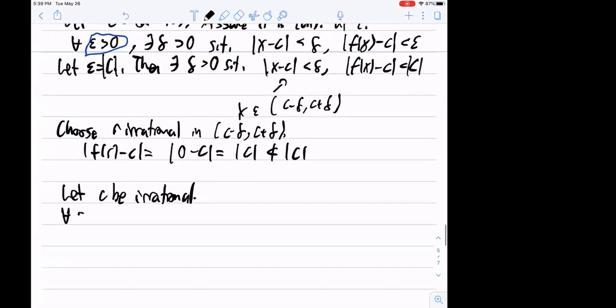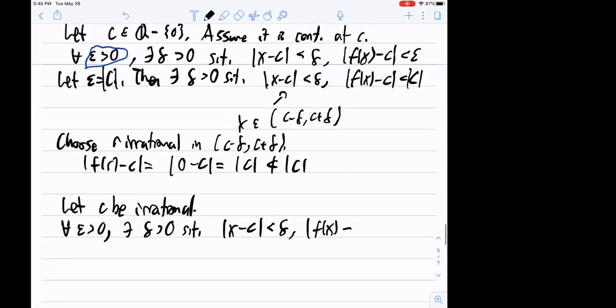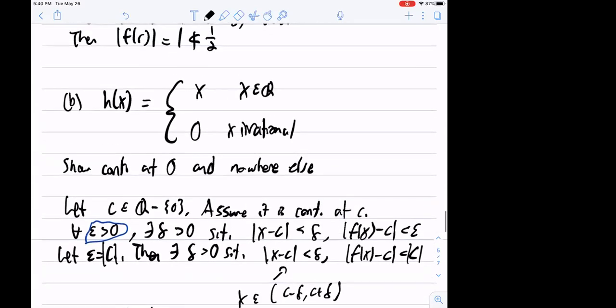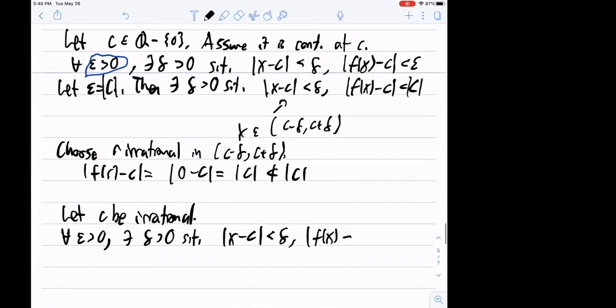For all epsilon bigger than 0, there exists delta bigger than 0, such that if the absolute value of x minus c is less than delta, then the absolute value of f of x minus f of c. What's f of c? If c is irrational, f of c is 0. So it's just saying this.